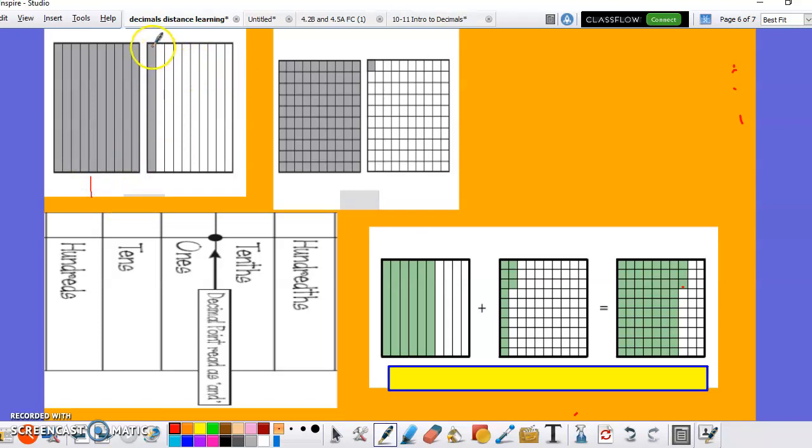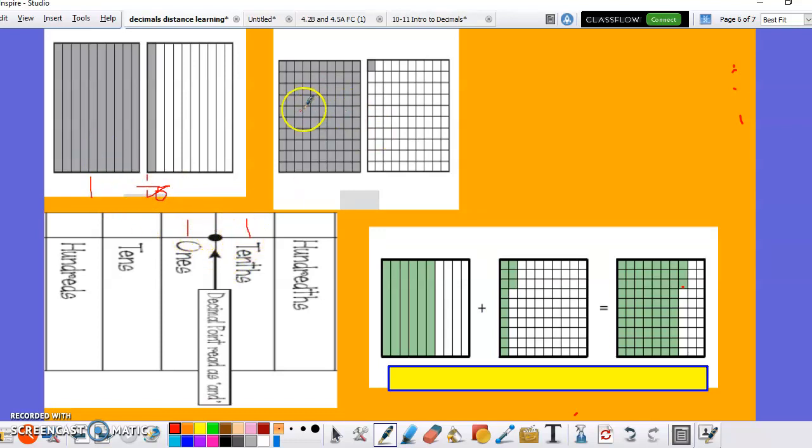I have 1 out of 10. So if I wrote that as a fraction, this would be 1/10. I would say that this is 1 and 1/10. Well, this is as a fraction. Let's write it as a decimal. I have 1 whole and I have 1/10. So this is how I would write this as a fraction, and I would write it as a decimal.